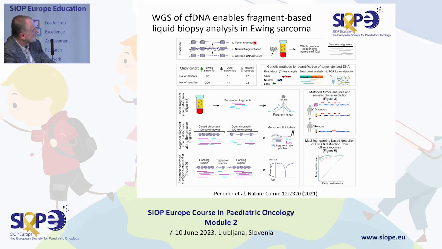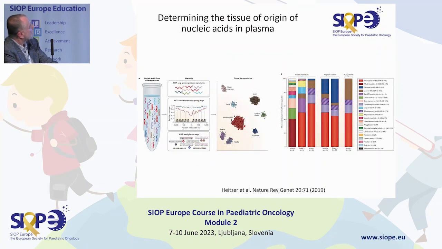And here you see that the difference between normal and tumor tissue in the DNA is usually, the fragments are much smaller. And you can do a lot of things with that. You look at the chromatin, you can look at the methylation, you can look at the mutations, something like that.